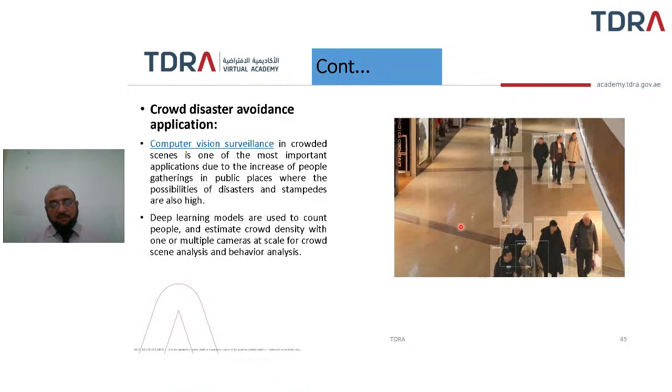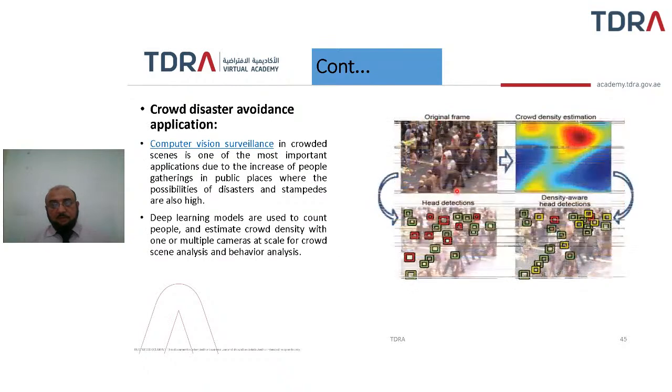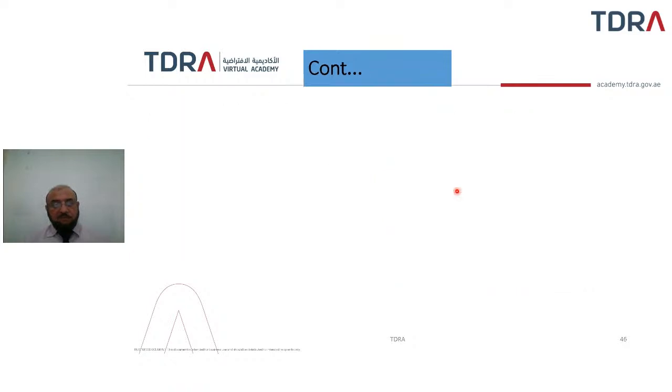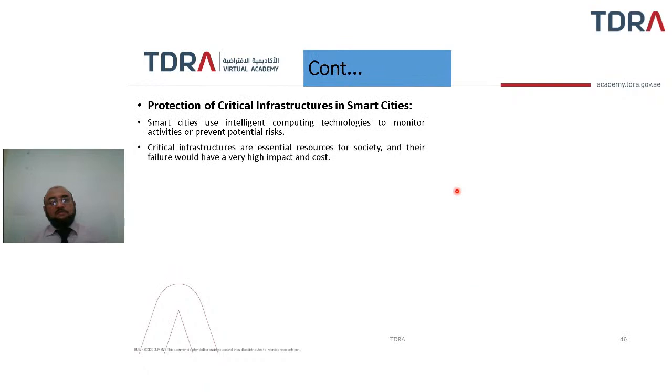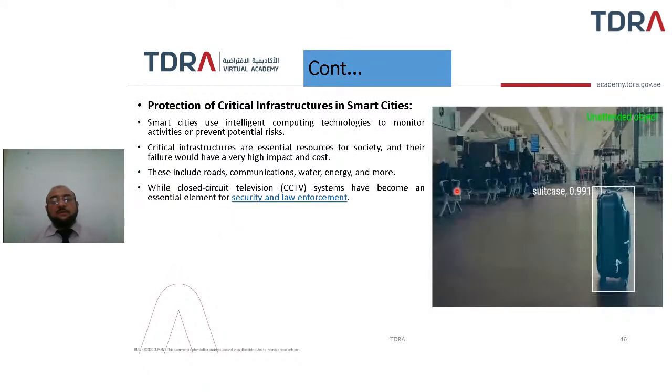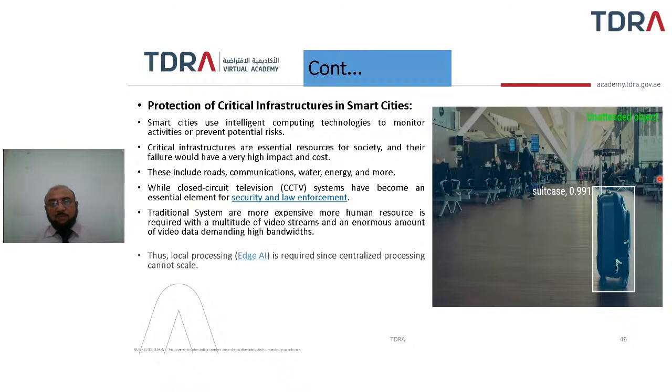For example, when there are a lot of people in a crowd, we can detect that and take measures to avoid it. Then we have protection of critical infrastructure in smart cities. Here we can use computer vision with deep learning to detect suspicious things in a crowd in a public place.